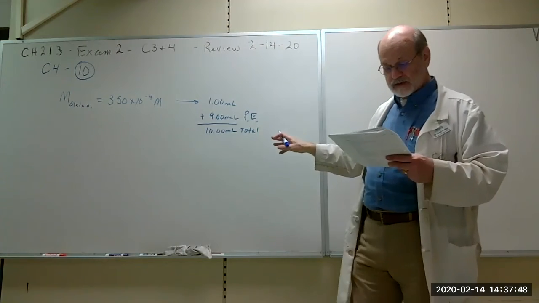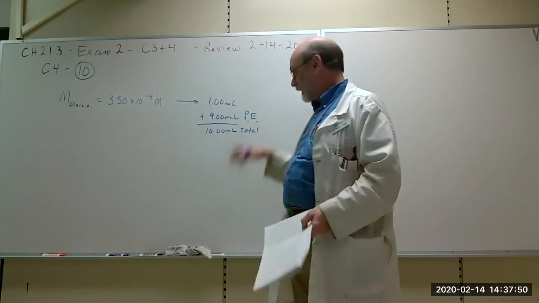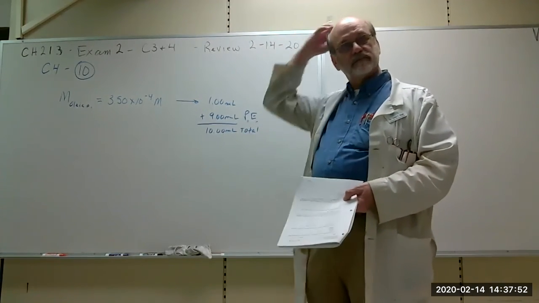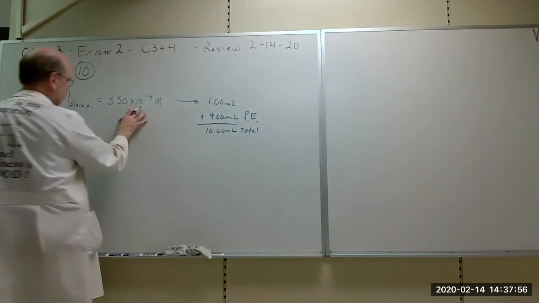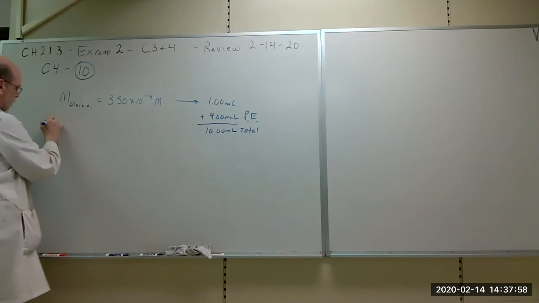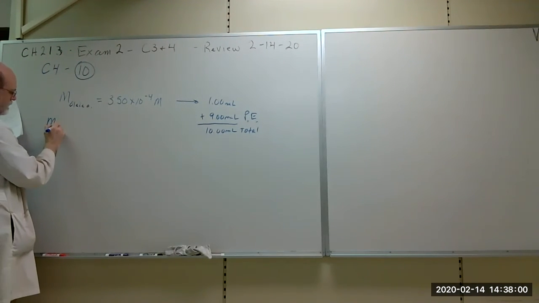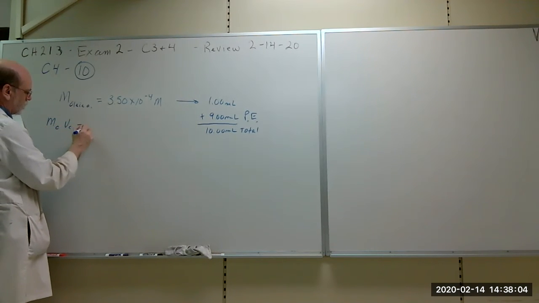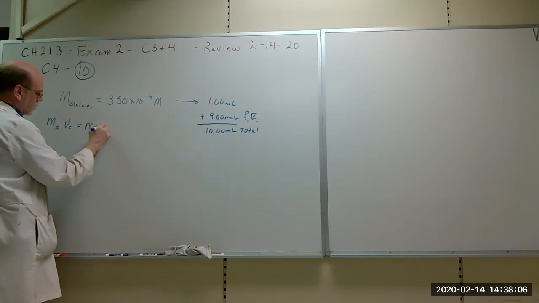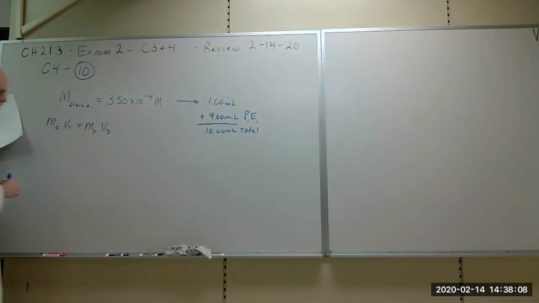We're not told that, but you can't work the problem unless you do that. Okay? So, if we're starting out with this, M concentrated times volume concentrated yields M dilute times volume dilute, then we know what this one is, concentrated.